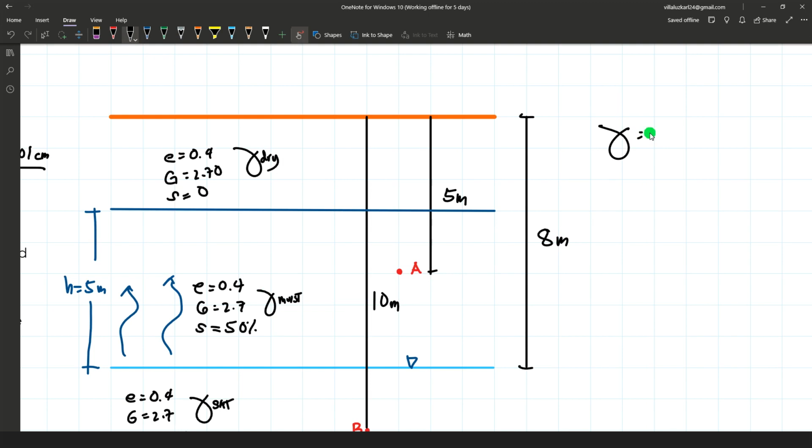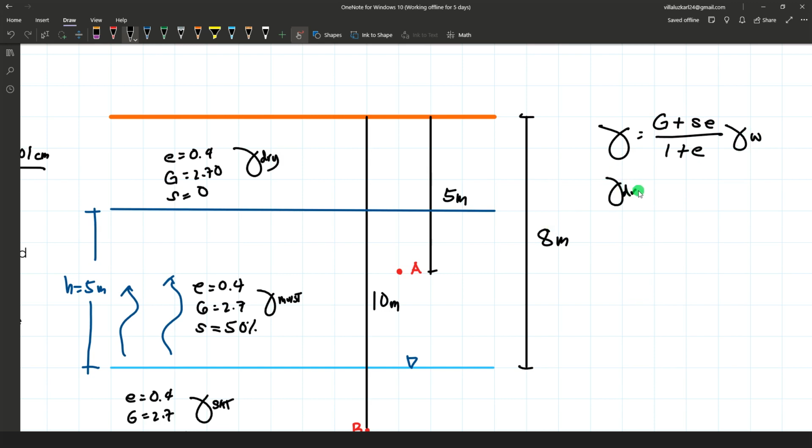We have a general formula in soil mechanics. If we have a given specific gravity and void ratio, we can use this general solution for the unit weight. So we have specific gravity plus SE over 1 plus E multiplied by the unit weight of water.